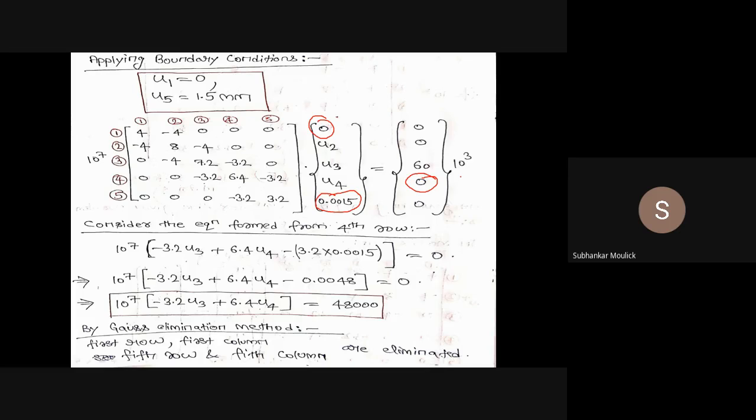The Gauss elimination method says that if the RHS corresponding to the first row is 0, you can eliminate the first column also. Similarly, this F2 is also 0, so you can eliminate the second row as well as the second column.